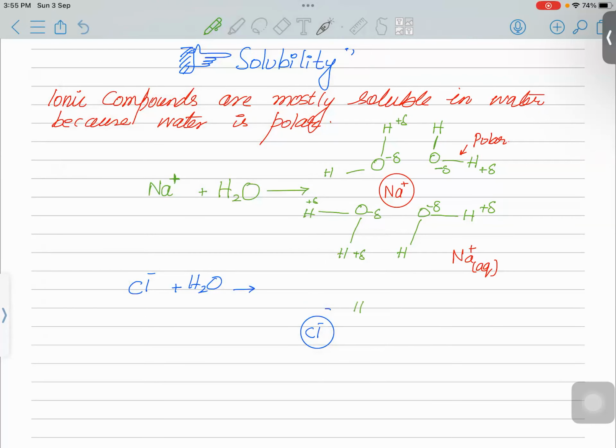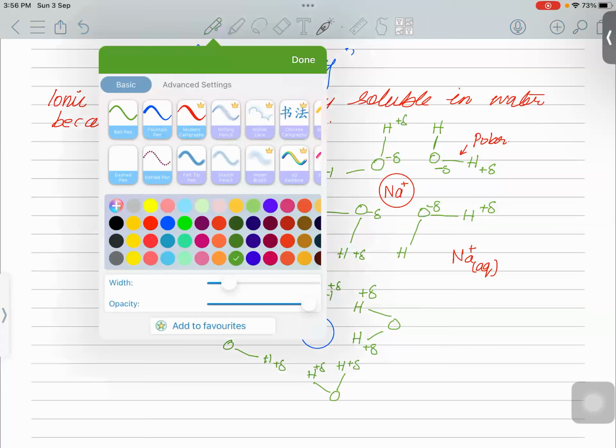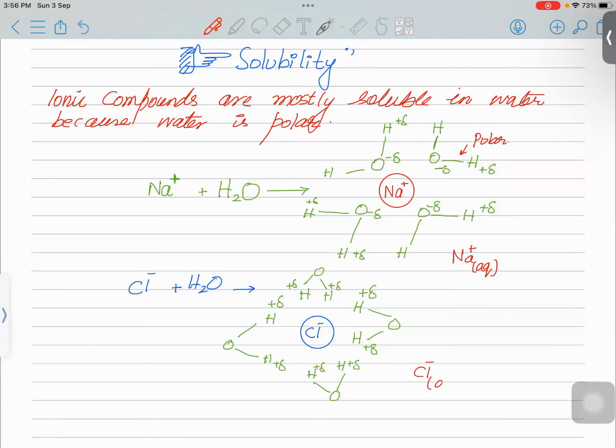Now it is surrounded by positive hydrogen. That's why it is called chloride aqueous. This attraction is responsible for the solubility.